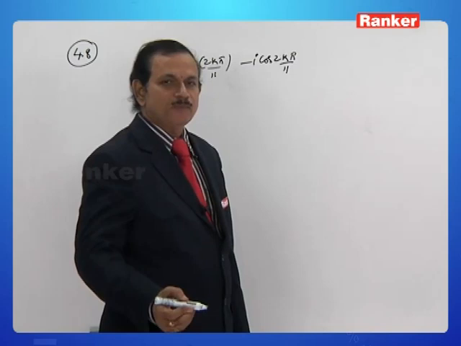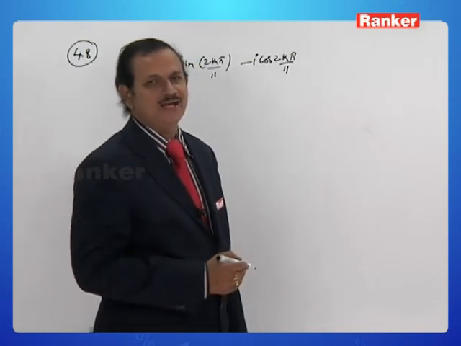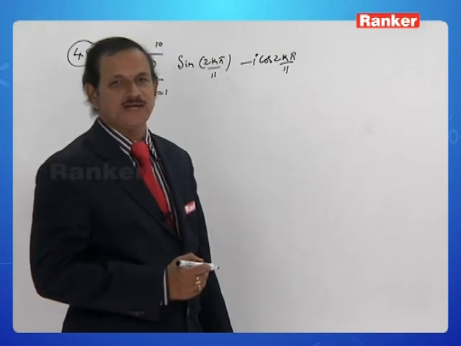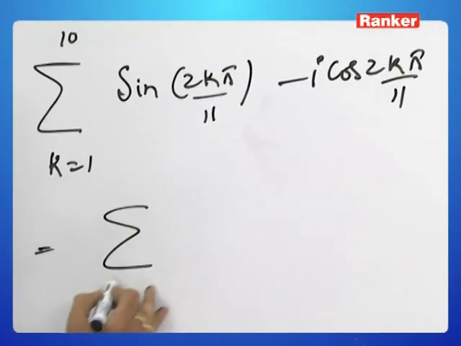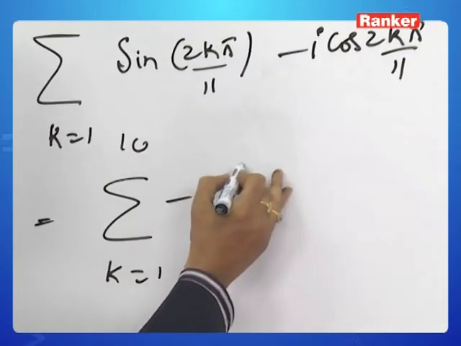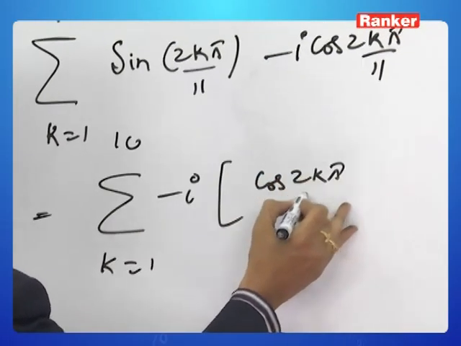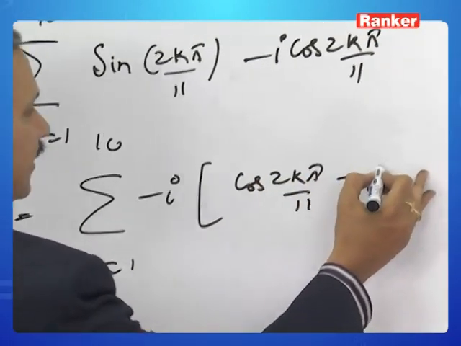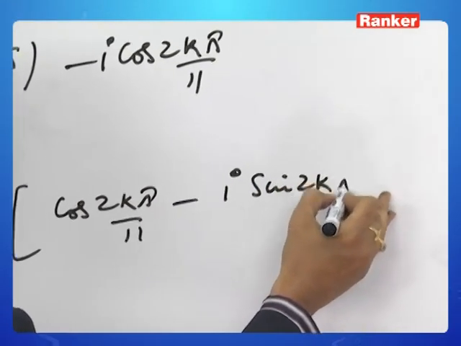With a simple idea, we'll be able to get it simplified. Let me write this as sigma k equal to 1 to 10 of minus i into cos 2k pi by 11 minus i sin 2k pi by 11.